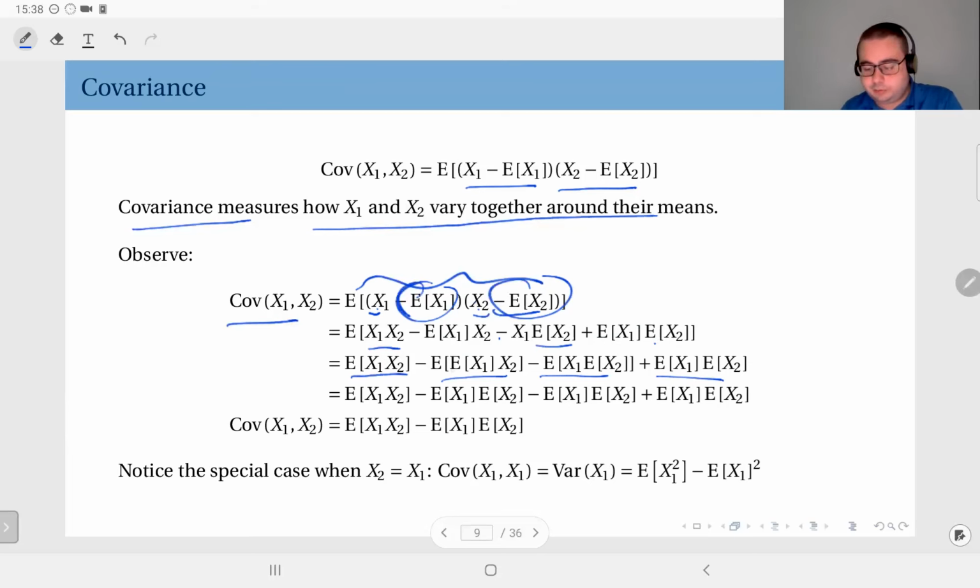Similarly, here you see the expected value of x1 times x2. So this is x2 scaled by the mean of x1, but the mean of x1 is just a single value. So I can take it out of the expectation to obtain this, similar with this term. So this term and this term cancel out. What I have is the covariance between x1 and x2 equal to the correlation between x1 and x2 minus the product of their means.